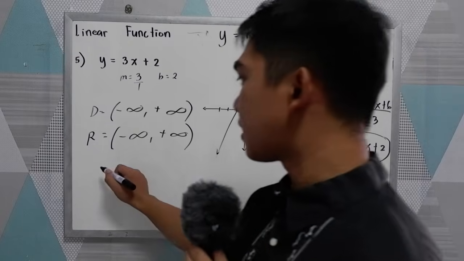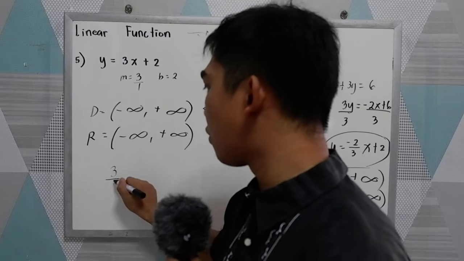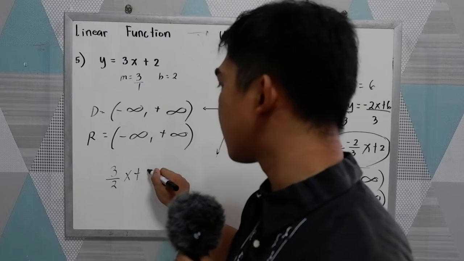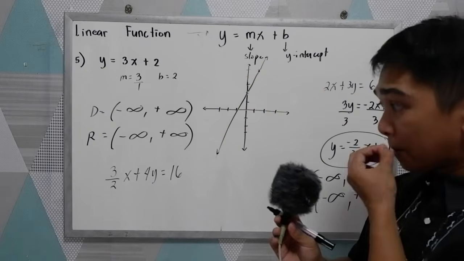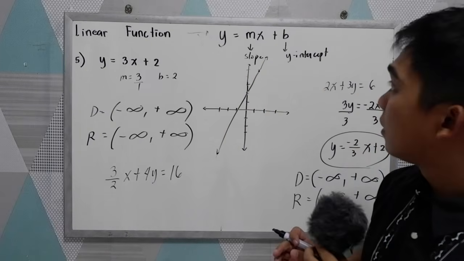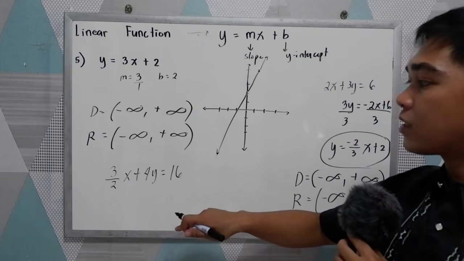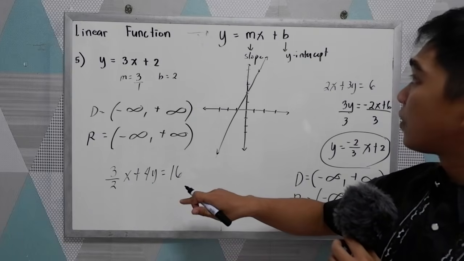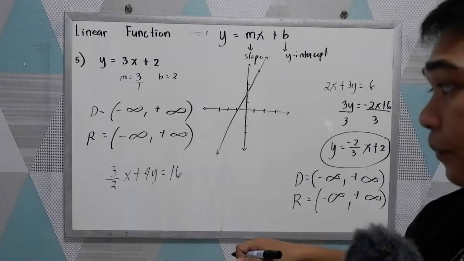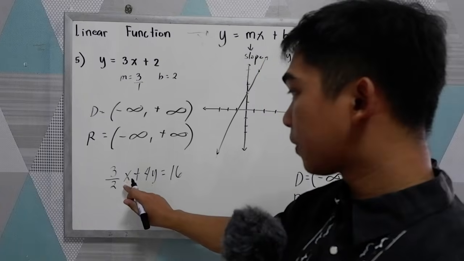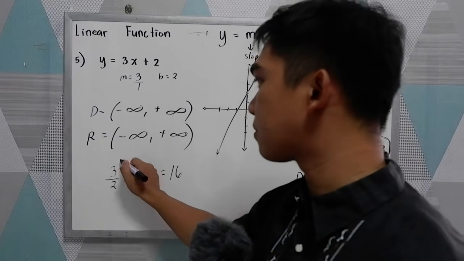Another example, last example, let's say we have 3 over 2x plus 4y is equal to 16. Let us check if this will give us a polynomial once we write it into linear or slope intercept form. I need to remove the fractions, so I will multiply this by 2.